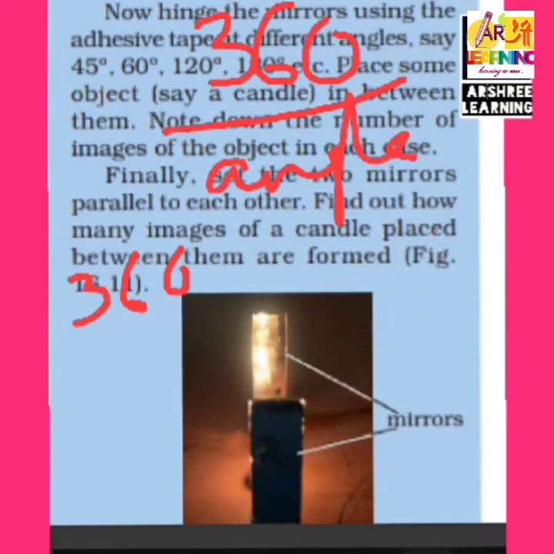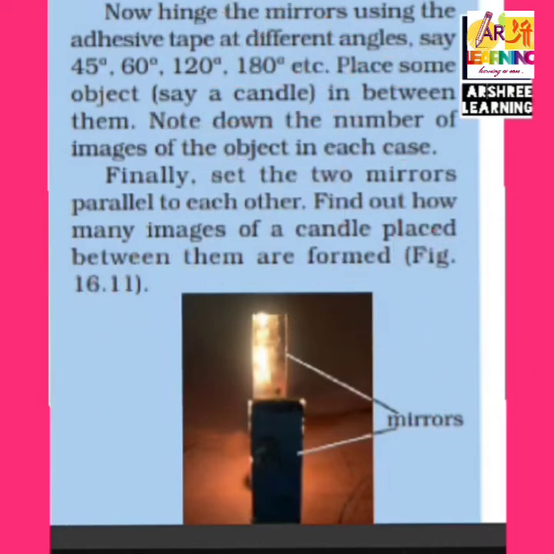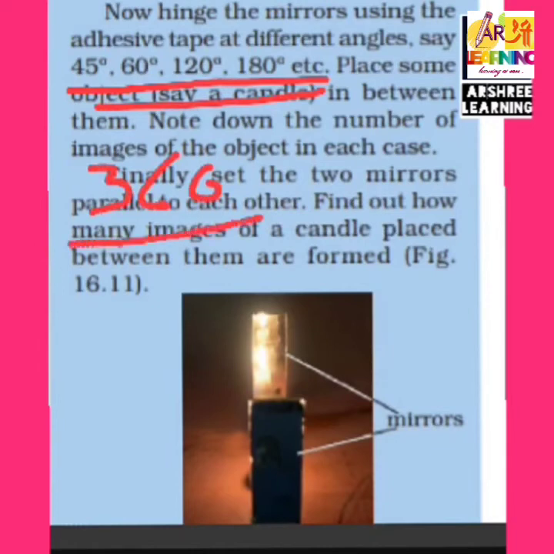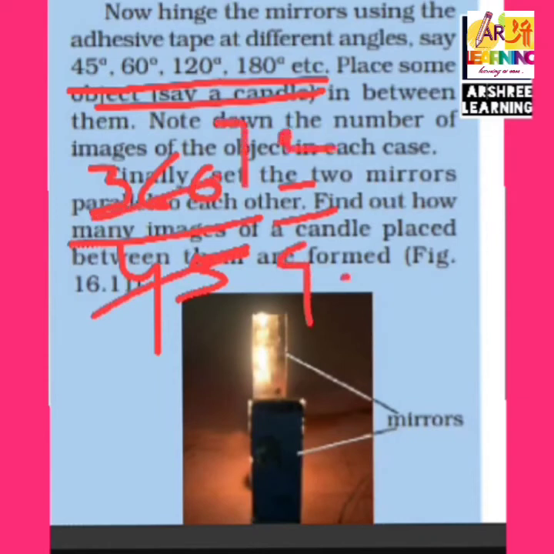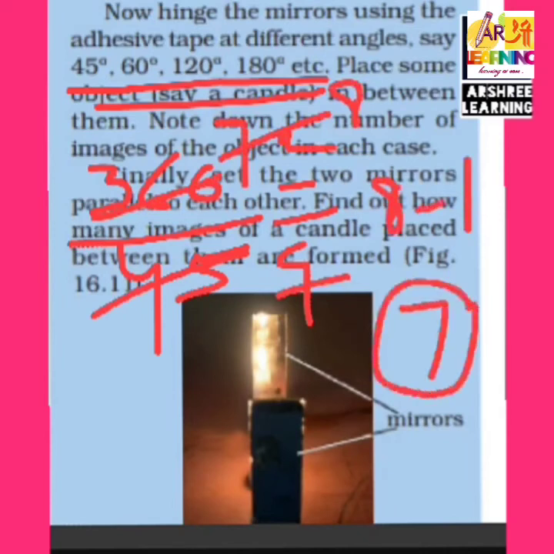Similarly, if we change the angle and keep the mirrors according to the angles given in the book, say 45 degrees, divide 360 by 45. What will I get? We get 8. So 8 minus 1 means 7 images will be formed.